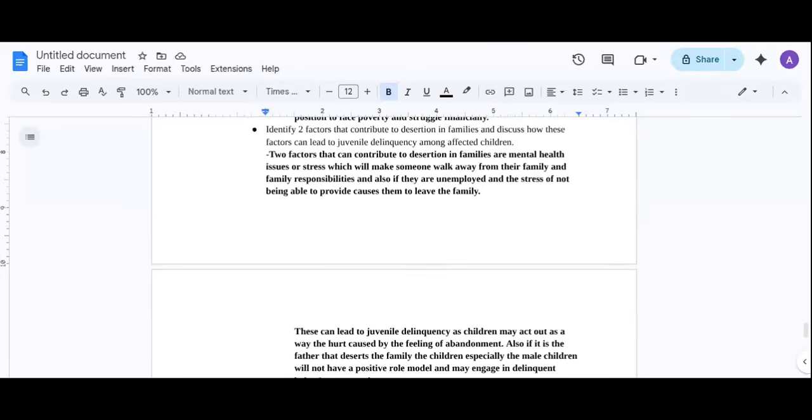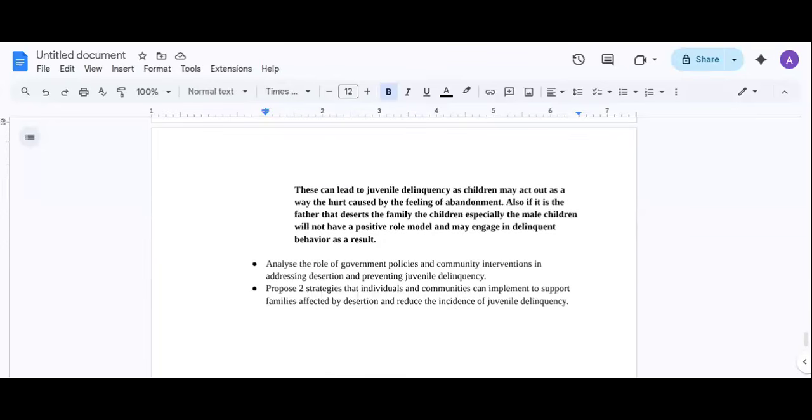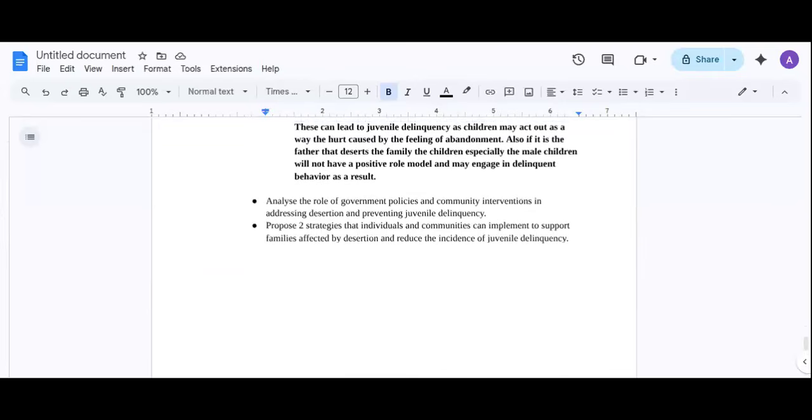And it asks how these factors can lead to juvenile delinquency. So let's look at the factors that I have here, where we look at the mental health stress and not being able to provide, so they leave. These can lead to juvenile delinquency, as children may act out as a way to deal with the hurt caused by the feeling of abandonment.